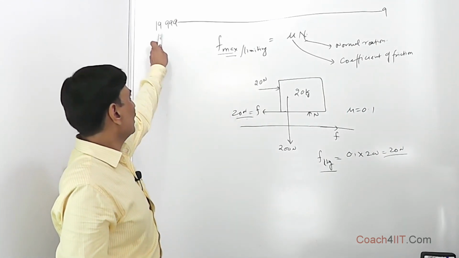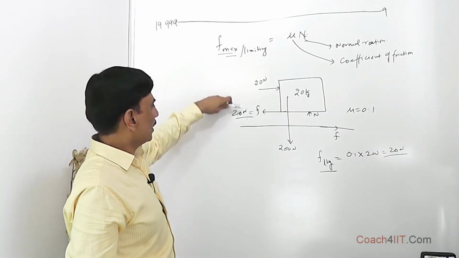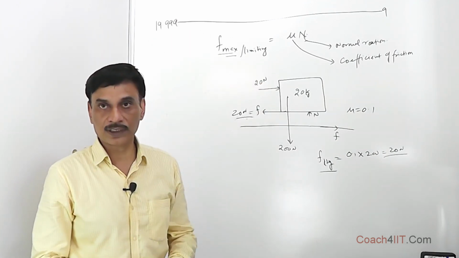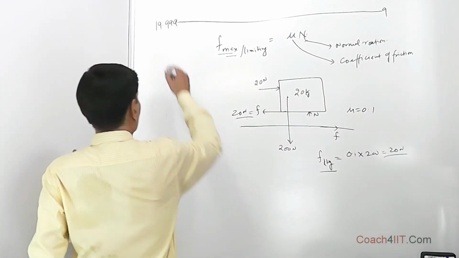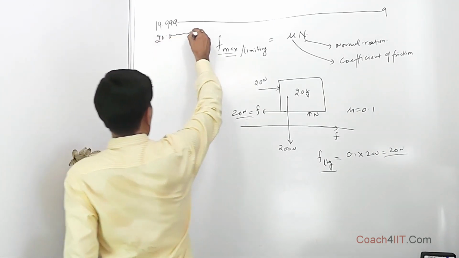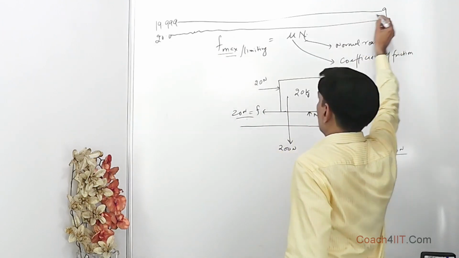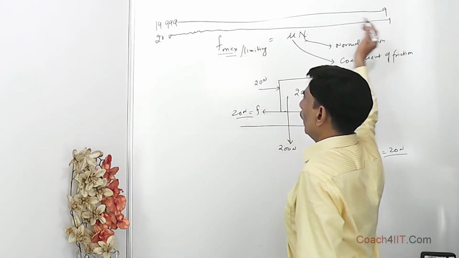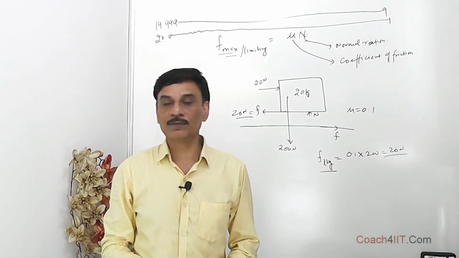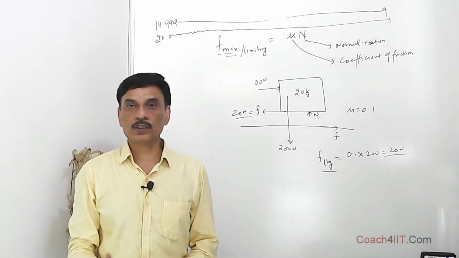So if the value is this much, then it is less than 20 Newton, so the block should be stationary. Also, if we have a force of 20.000000001, 2 million zeros and then 1, this force is obviously greater than 20 Newton, so it should accelerate.